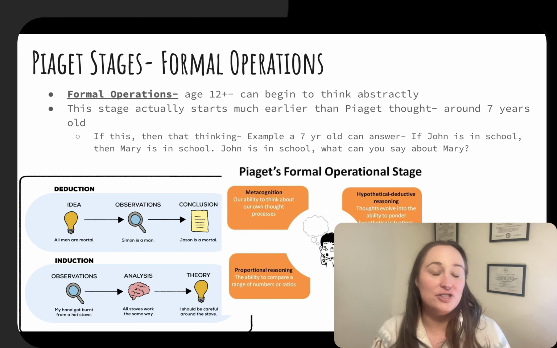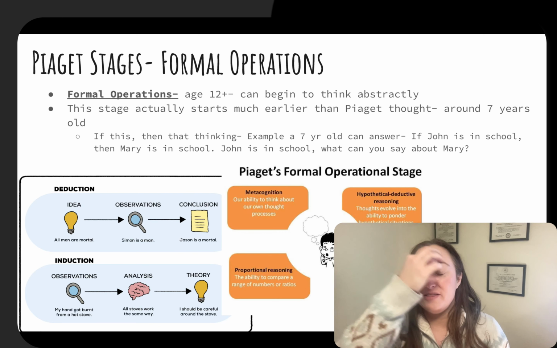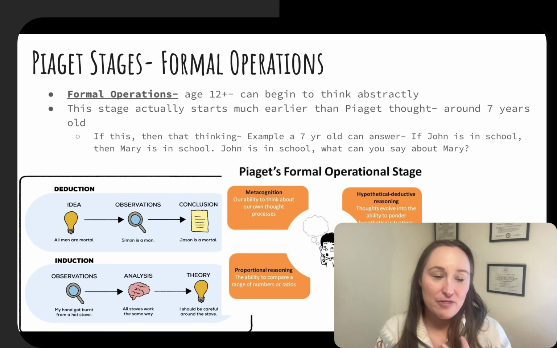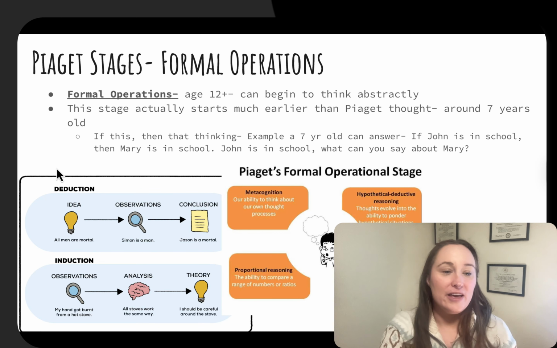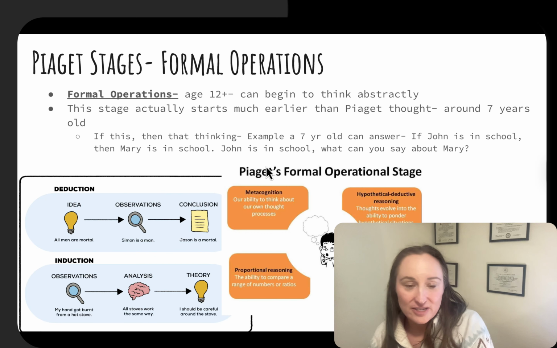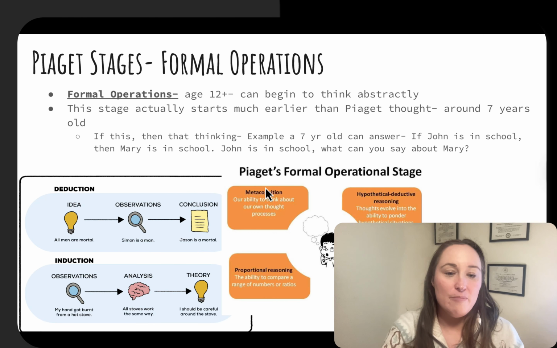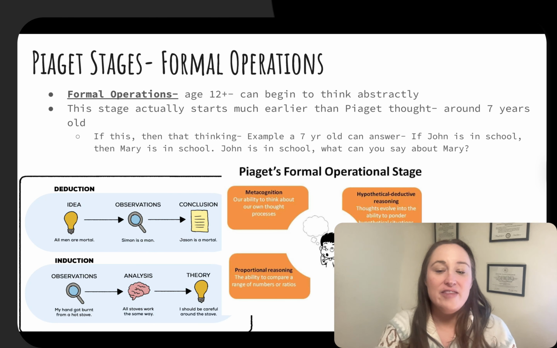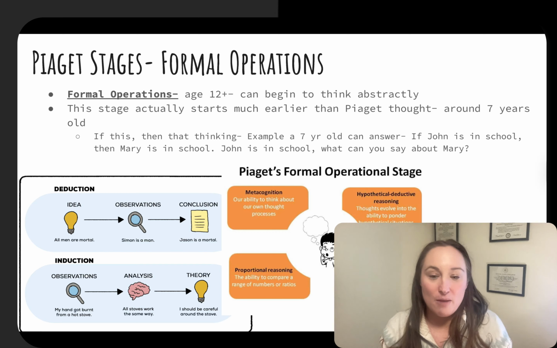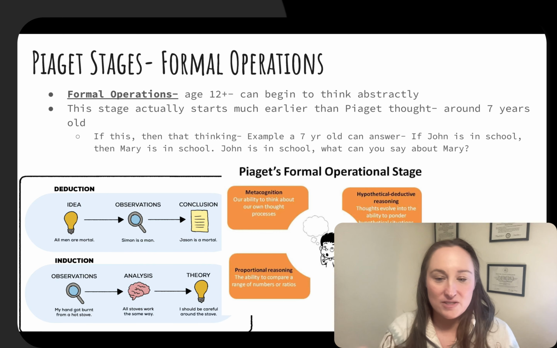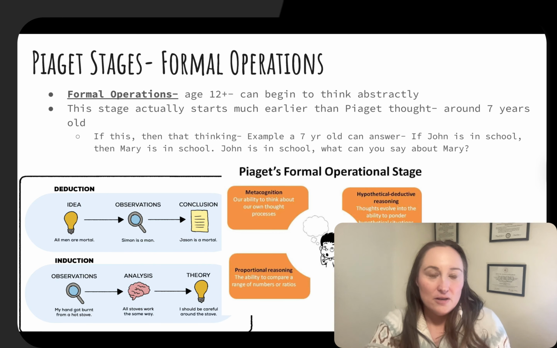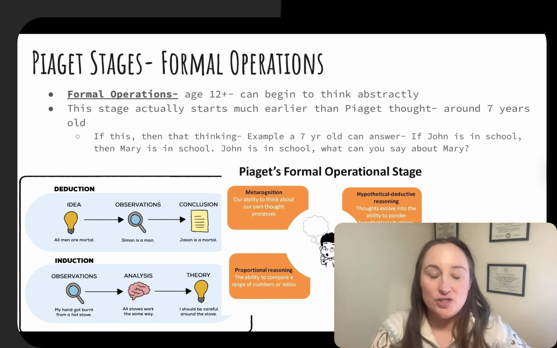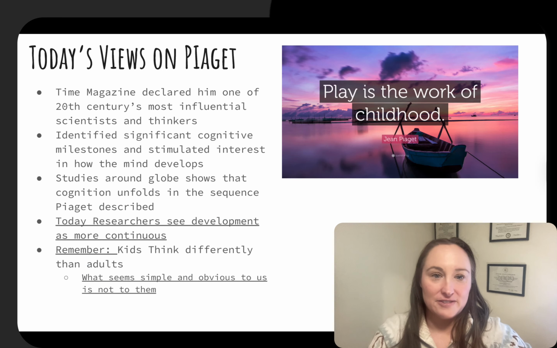In formal operations, now the child can think abstractly. They can think hypothetically. They can think, if this, then that. They can think about their own thinking. They can think about hypotheticals, and they can think about what's the probability of something given some information and tools to predict likely outcomes of things.